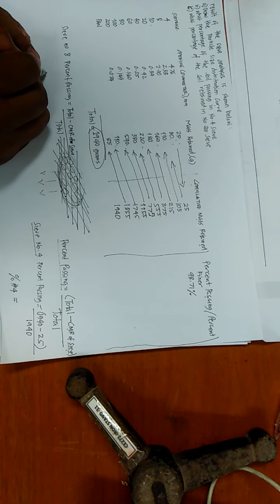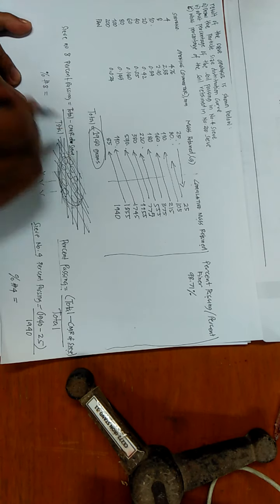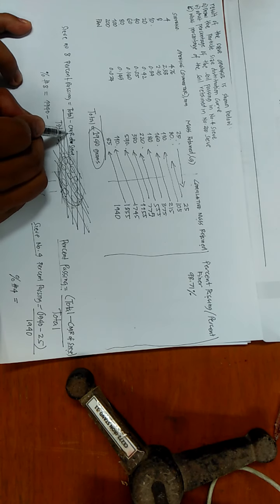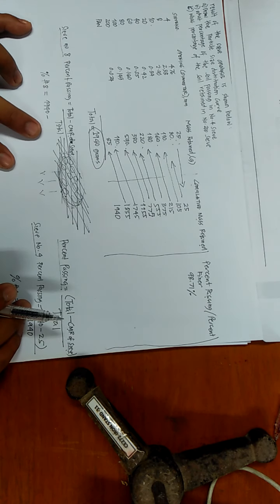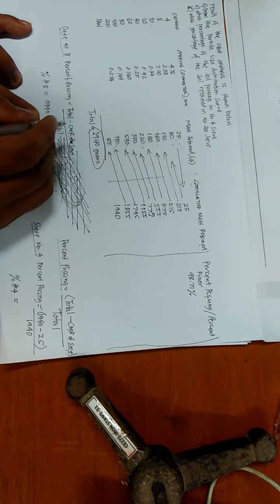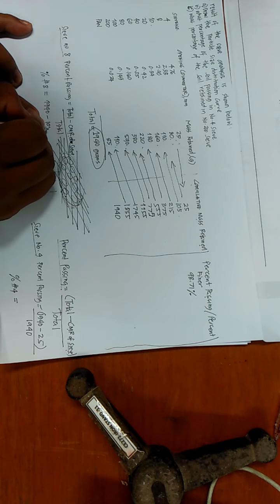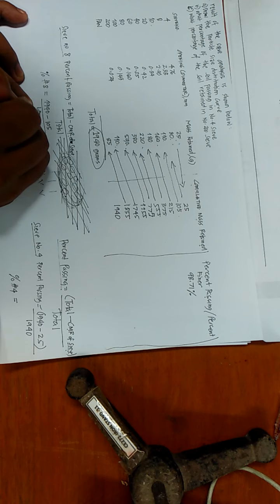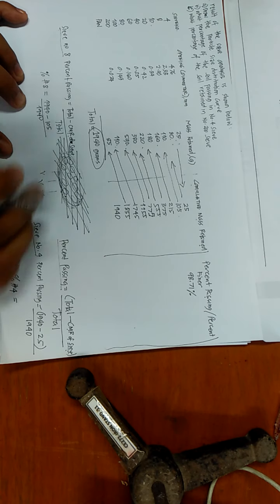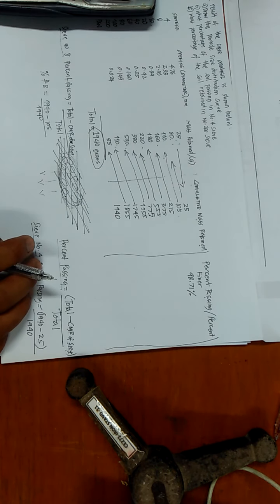Okay, percent passing sieve number 8. What is our total again? 1,940 minus your cumulative mass retained of your sieve number 8. Sieve number 8 yung hinanap natin. Is equal to 105 divided by 1,940, the total mass of your oven dried soil sample.